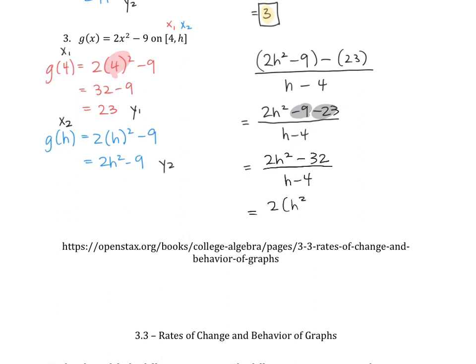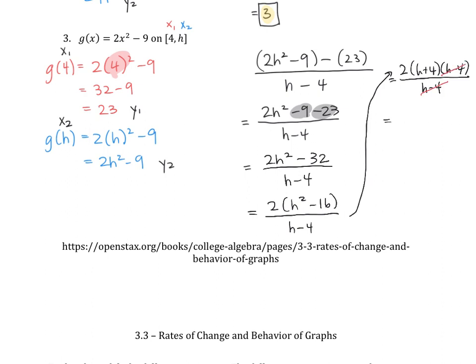So that'll give me h squared minus 16 over h minus 4. Okay, so now I'm going to have 2 times h plus 4, h minus 4, because that is a difference of squares, over h minus 4. And now you can see that the h minus 4s will actually cancel out. So I will have 2 times h plus 4 left. So that is my average rate of change.